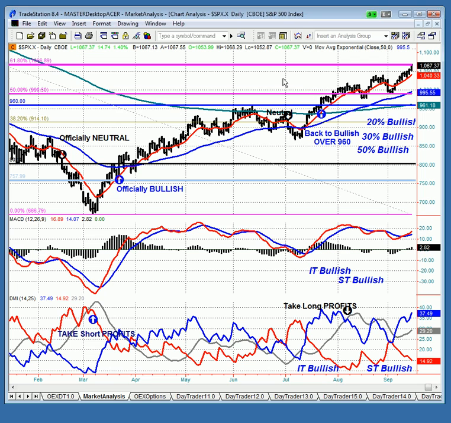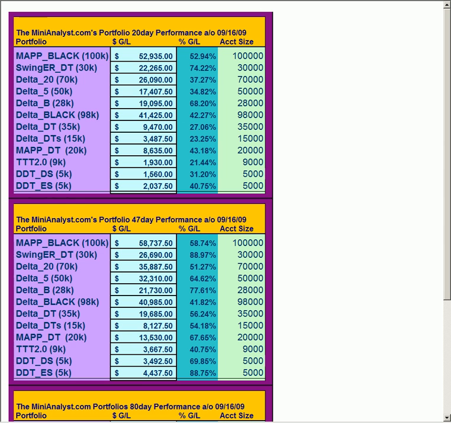And as you can see, we've had an amazing recovery in the market, and it's certainly enjoyable to see, even as traders, because we certainly participate in those moves. And we'll look at that right here. As you can see, just over the last 20 days, we did mention the Swinger DT up $22,265, a 75% return for the Swinger DT portfolio.